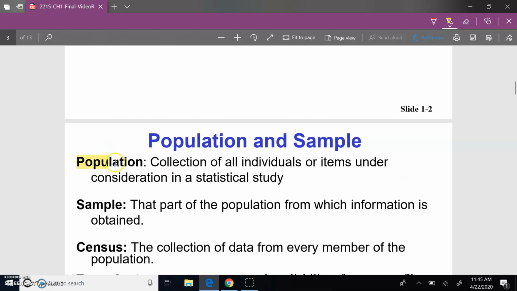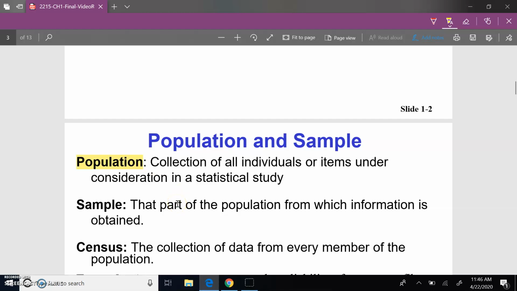We use the word population in our everyday life, and usually that means individuals, people. But in statistics, this word is used in a different way. It can be people, it can be anything, any individual, any item, anything which is under consideration of a statistical study. Such a collection of items or individuals is called a population.